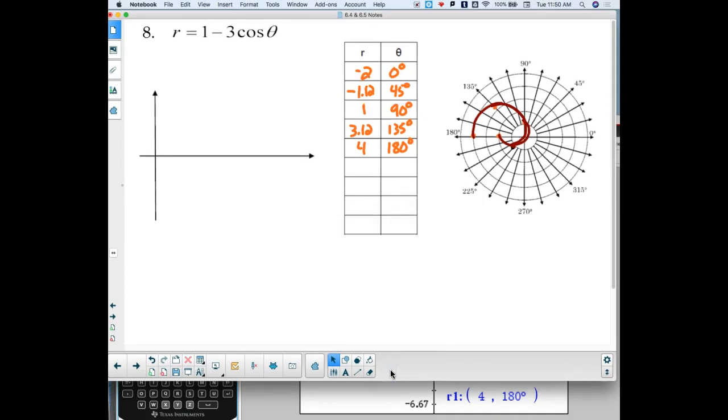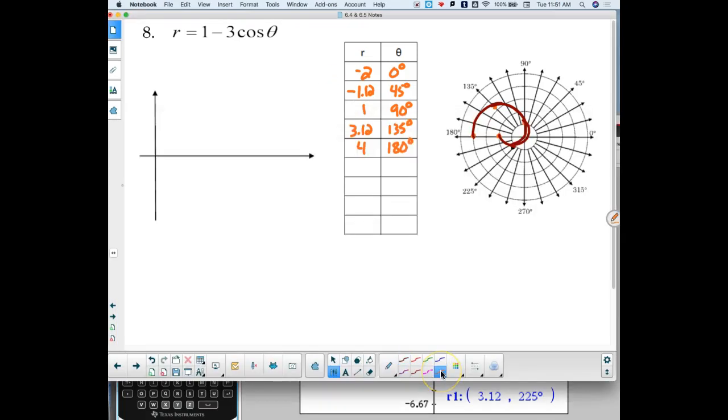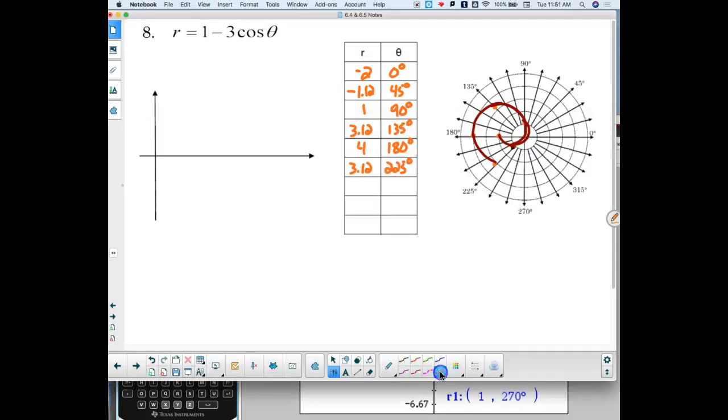Now it's not going to bug me anymore. Next one. 225 degrees, 3.12 again. One, 270.